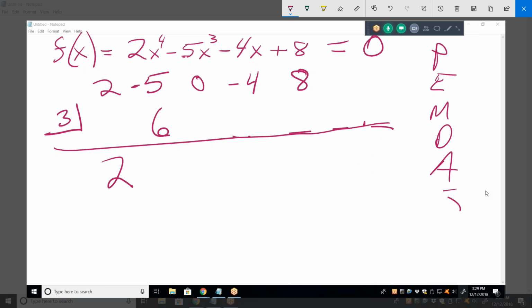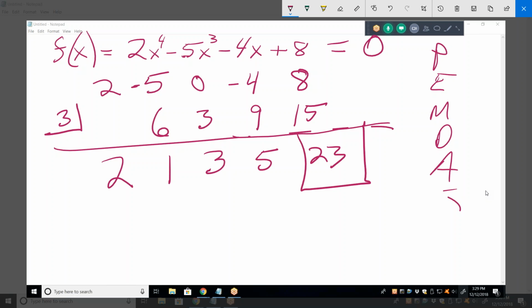2, 6, 1, 3, 3, 9, 5, 15, 23. That 23, if that was 0, then this 3 would be a 0.